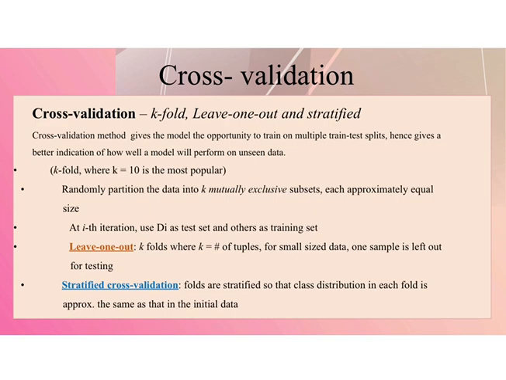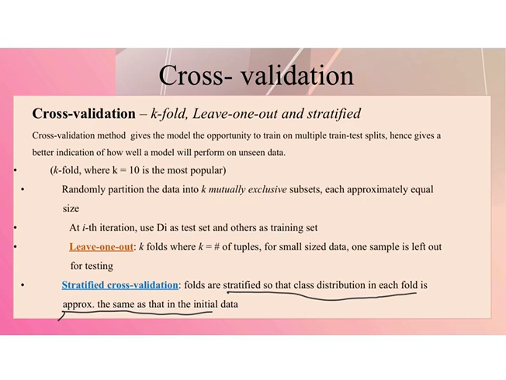K-fold, yang ini saya dah cerita dengan detail dalam lab class. So you can read it later. Okay, then ada juga yang pakai K-fold tapi dia pakai stratified cross validation, yang mana class dia akan stratified so that class distribution in each fold is approximately the same as that in the initial data.